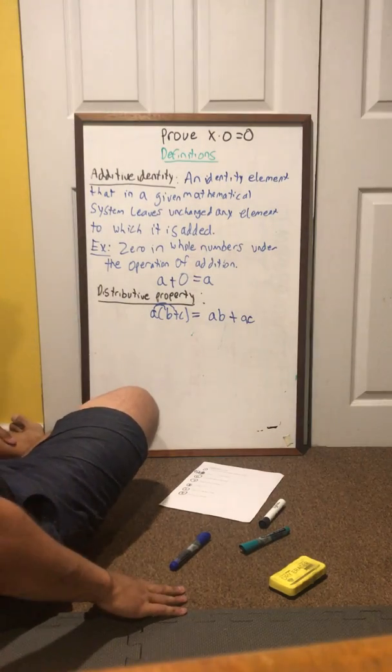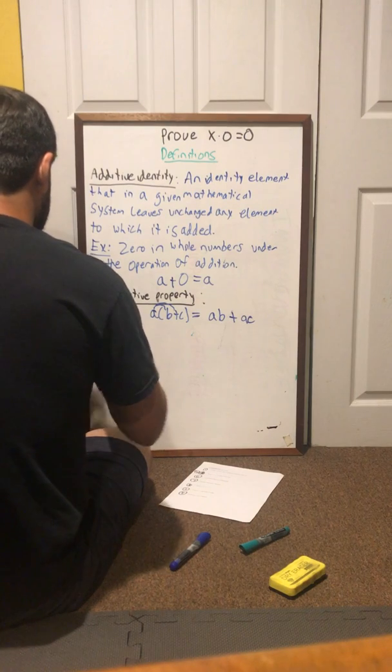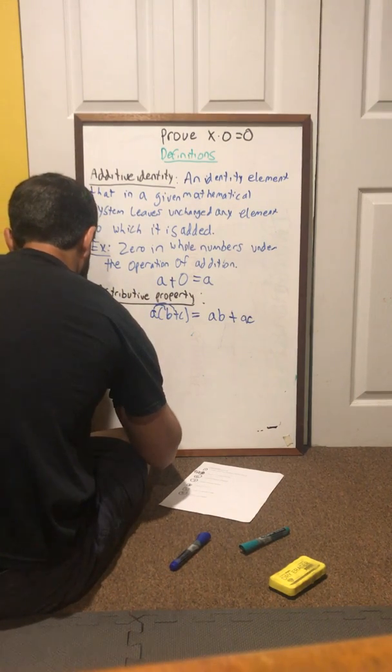Okay, so these two so far, additive identity, distributive property. We'll go through the additive inverse.